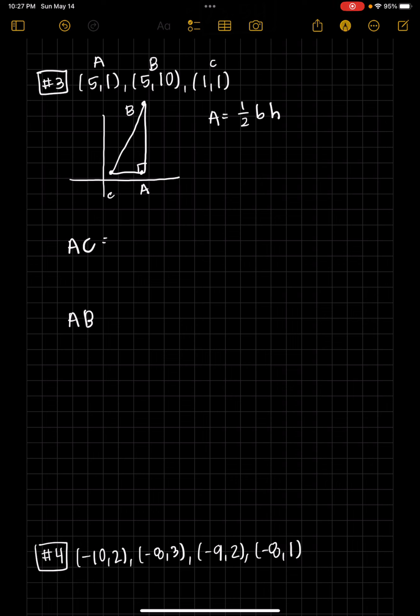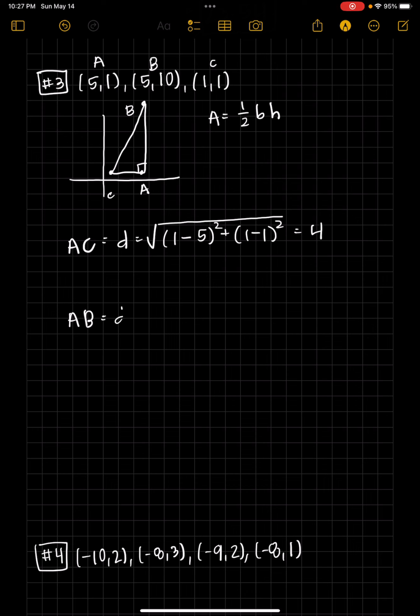So I'm going to start with AC, which we'll use C as my second point. So we're going to do 1 minus 5 squared plus 1 minus 1 squared, which gives me 4.